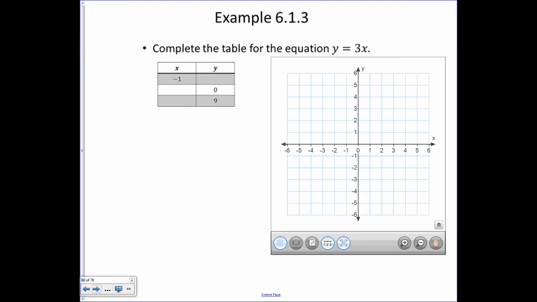Now we want to do something very similar here, and we're going to complete the table for this equation, y = 3x. We're given x or y in the table, and so we're just going to complete this part. For the first one, y = 3x, and we're told that x is negative 1, so 3 times negative 1 is just negative 3.